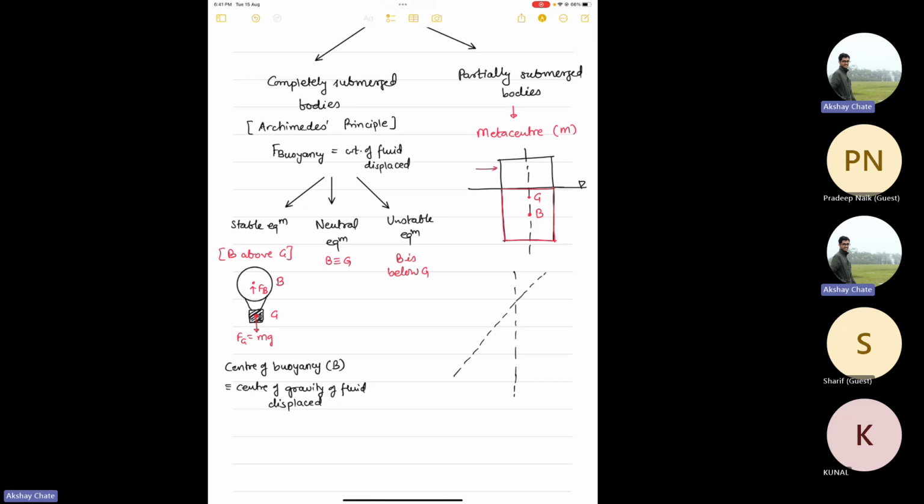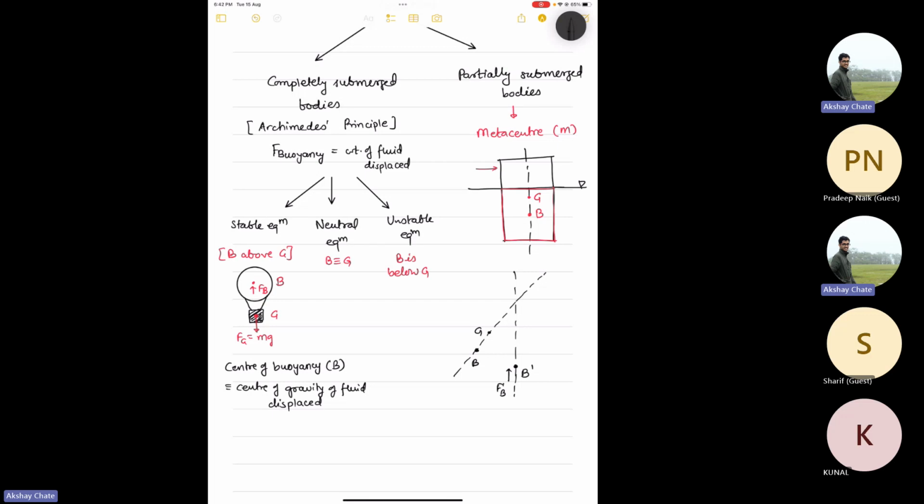So what happens? Let's say this was your earlier B point and G point. Now the new B point will change, because when you displace the body, the volume of the fluid displaced will change. So your buoyancy force will act at B dash.